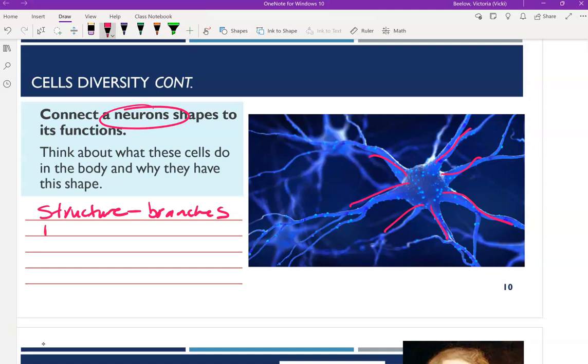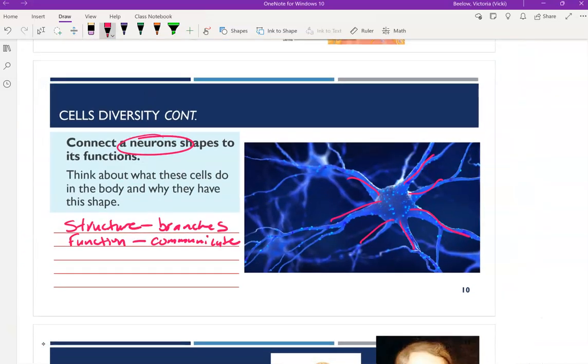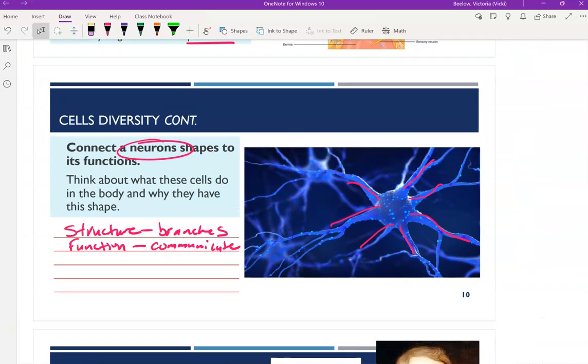And that makes sense because the function, the job of a brain cell or nerve cell, is to communicate over long distances in the body. I mean, sending a signal from your brain to a different part of your body to tell it what to do. That would be another example of how the structure is tied to a cell's function.